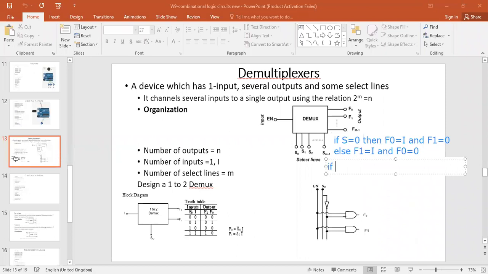Digital write. Is it 13 we're using again? We will take 13 and 12. So 13 will be F1 and 12 is F0.